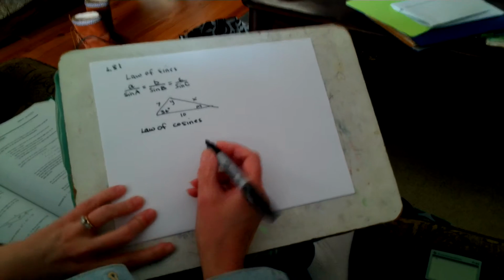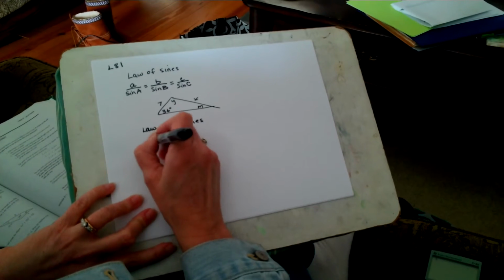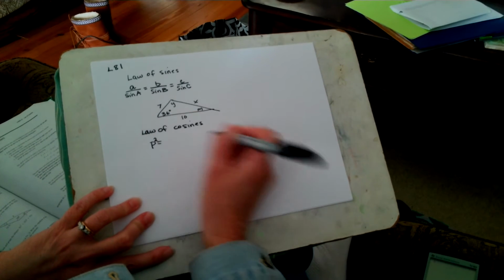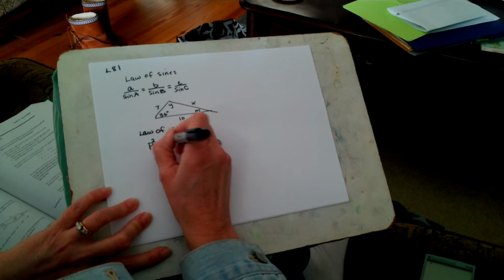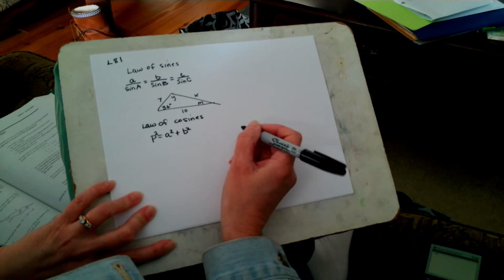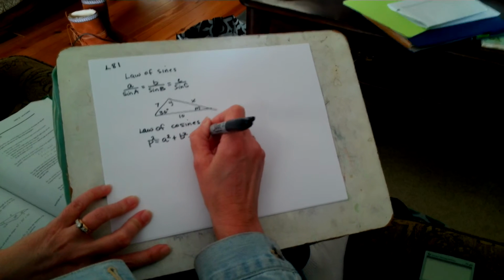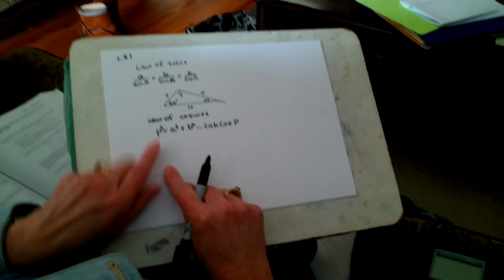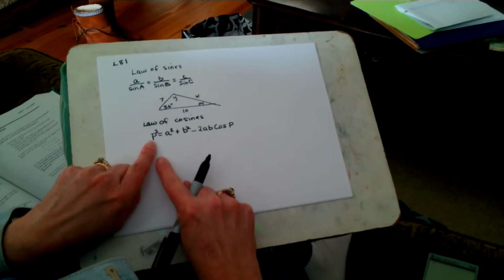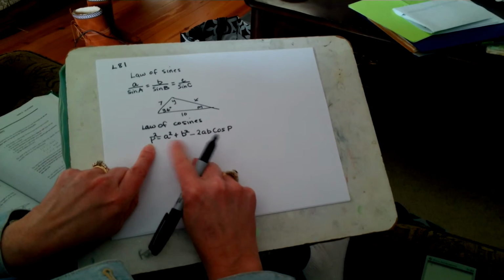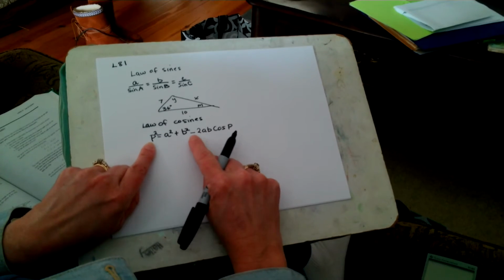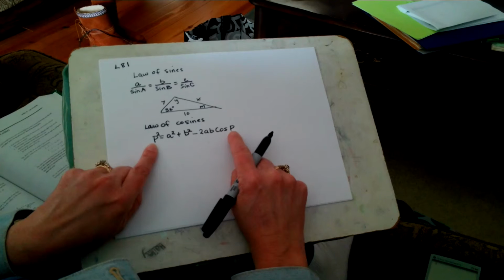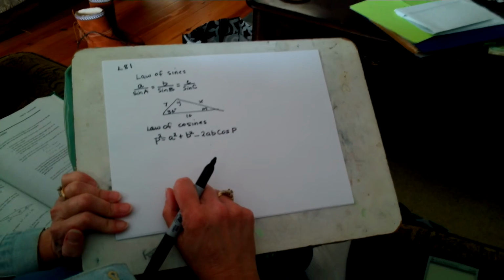The law of cosines is as stated: P squared is equal to A squared plus B squared minus 2AB times the cosine of P. So this says that one side squared is equal to the sum of the other two sides squared minus 2 times the other two sides times the cosine of the angle opposite our original side.